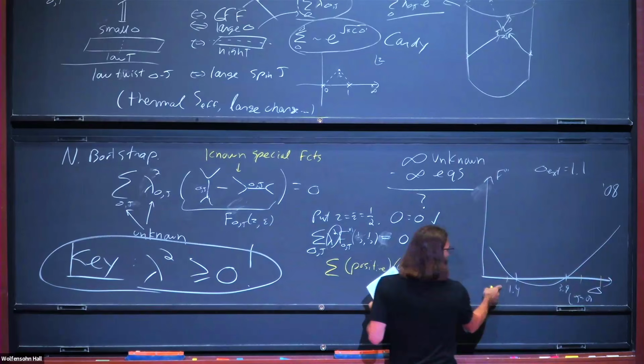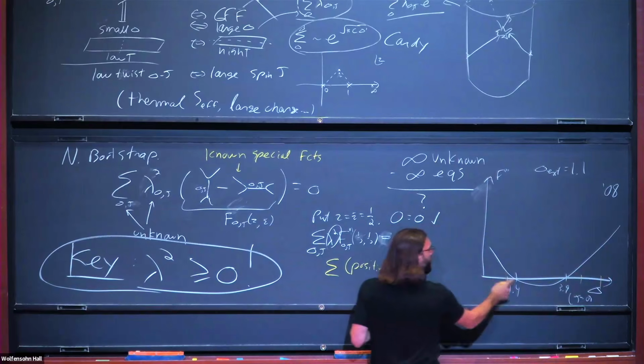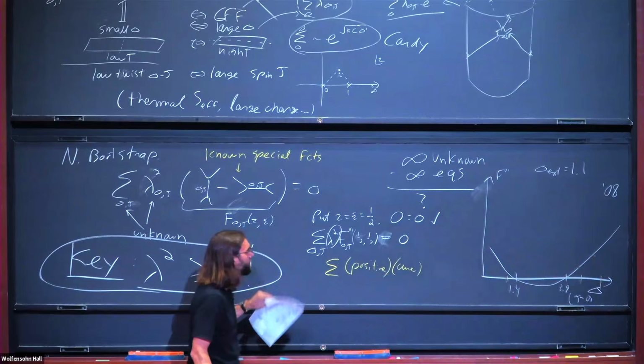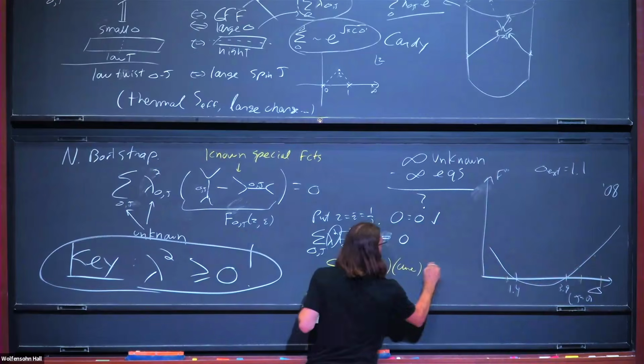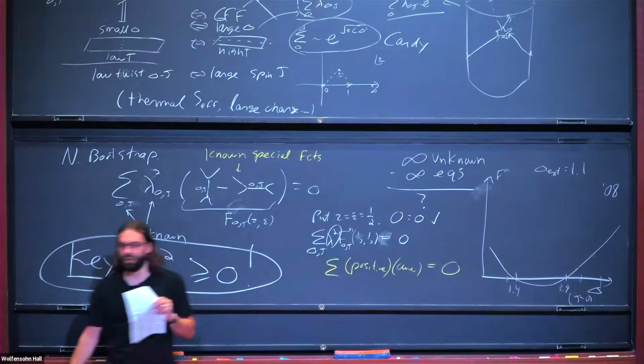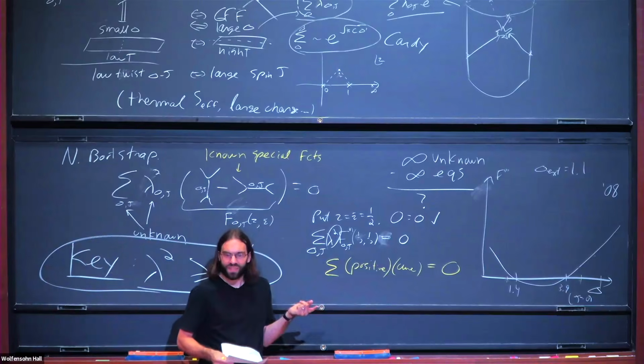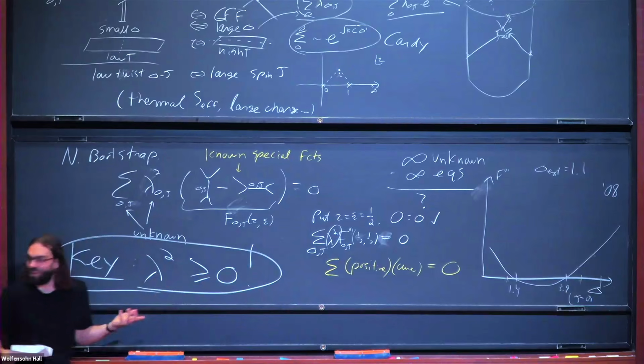You sum the coefficient of this one plus this one plus this one, you get a positive sum, and that has to be equal to 0. But one thing you learn from arithmetic is that a sum of positive numbers cannot be equal to 0.